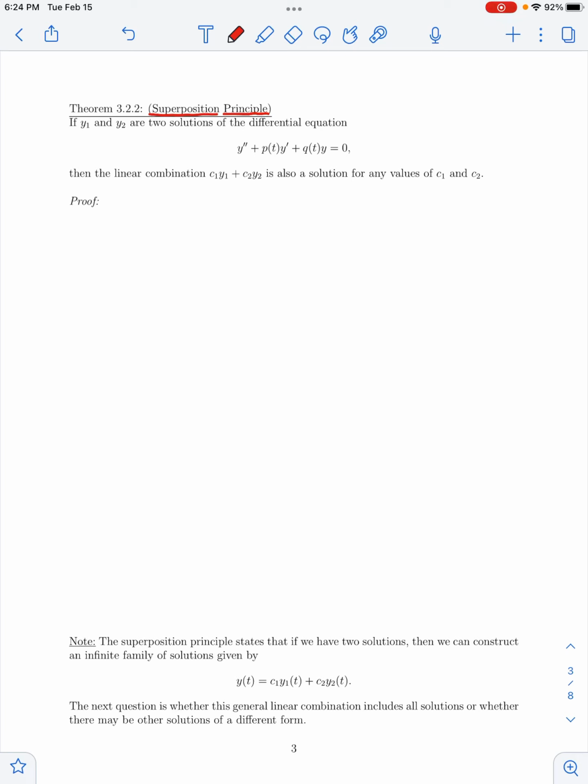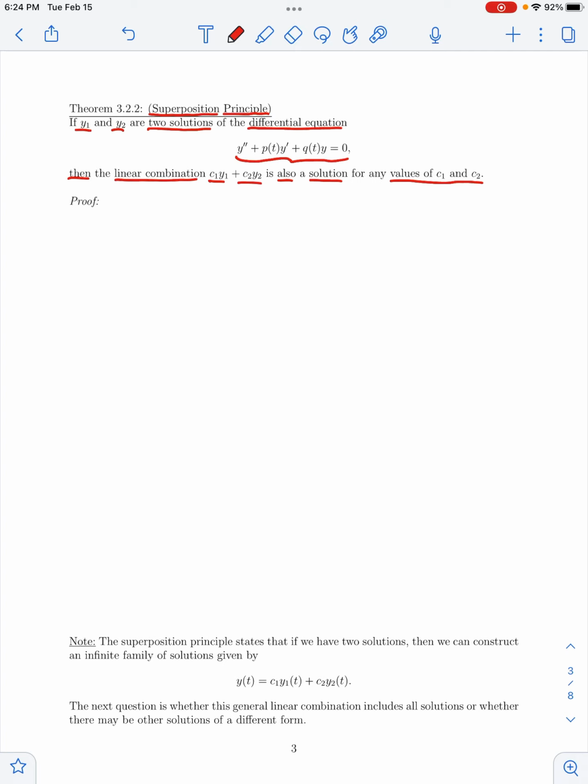It says if y1 and y2 are two solutions of the differential equation y double prime plus p of t y prime plus q of t times y equals 0, so a homogeneous second-order linear equation, then the linear combination of those two solutions, c1y1 plus c2y2, is also a solution for any values of the constants c1 and c2. That is, any linear combination of two solutions will also be a solution.